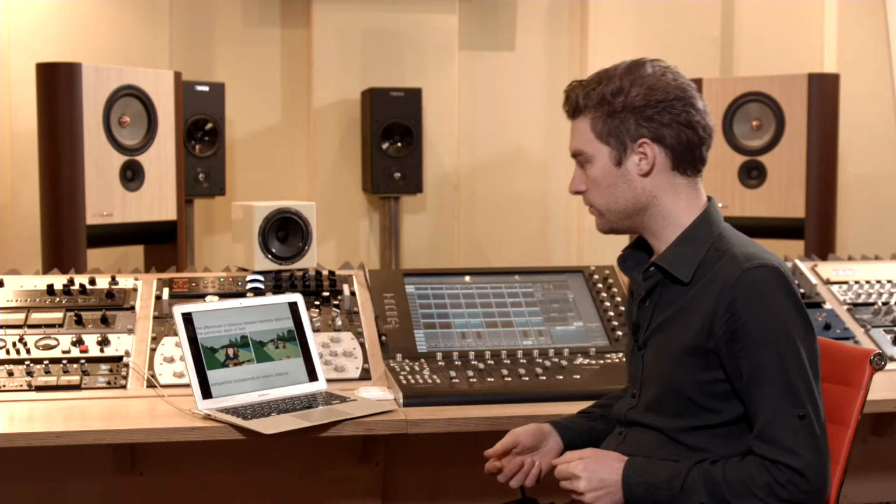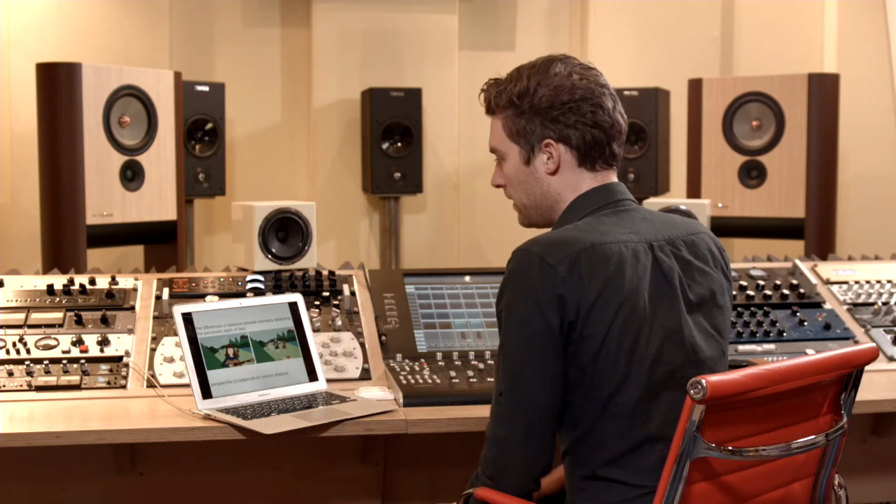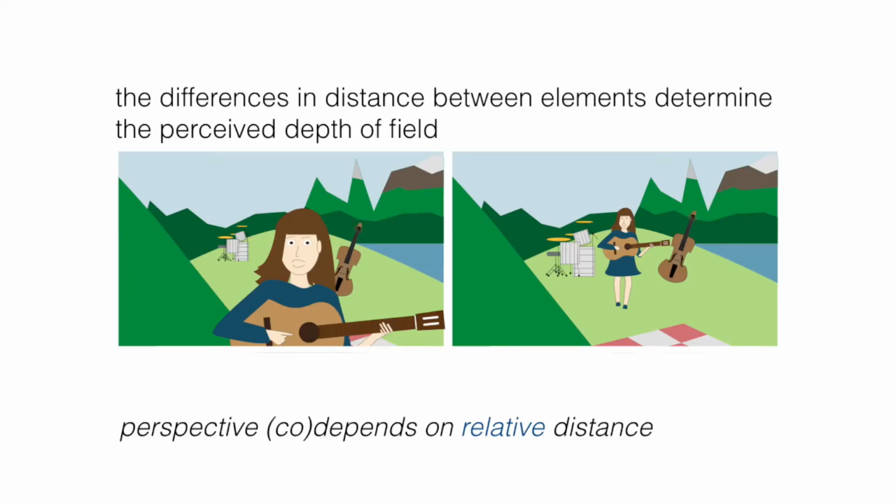So if you compare these two images with each other, you see that in the left image the singer can be very big and very up front, while all the other stuff is still visible in the image. If you were to position everything at a similar distance, like in the right image, automatically everything needs to be proportioned similar, and this leads to a less powerful image with less depth as well.